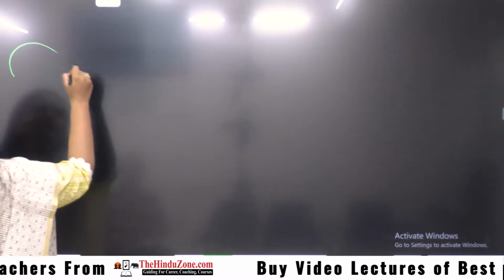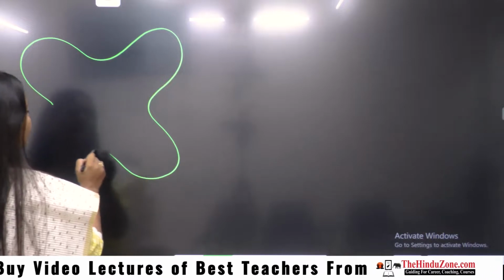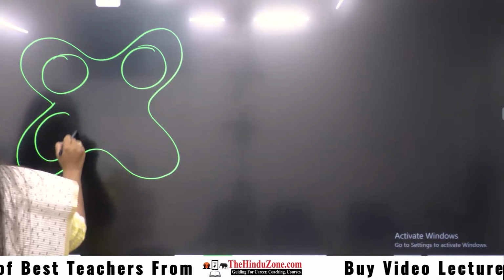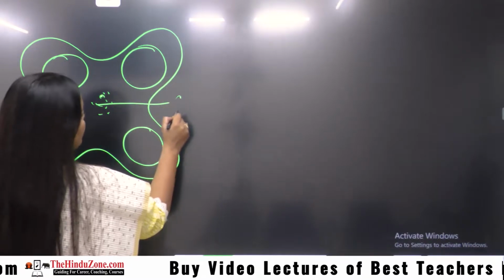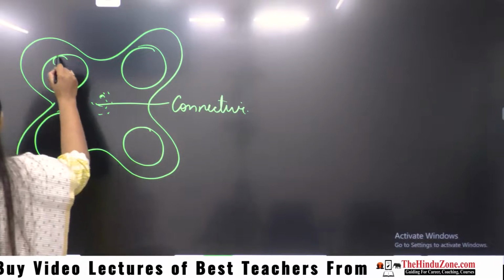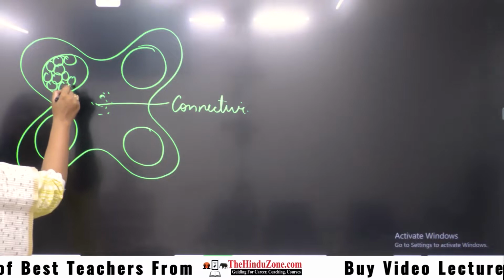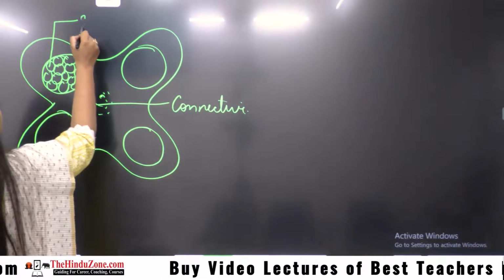Look here again: if you take a section of the anther, it usually appears butterfly shaped. Here again you have those 4 bags, and this part is called the connective. Here the number of sporogenous cells present are making the sporogenous tissue.